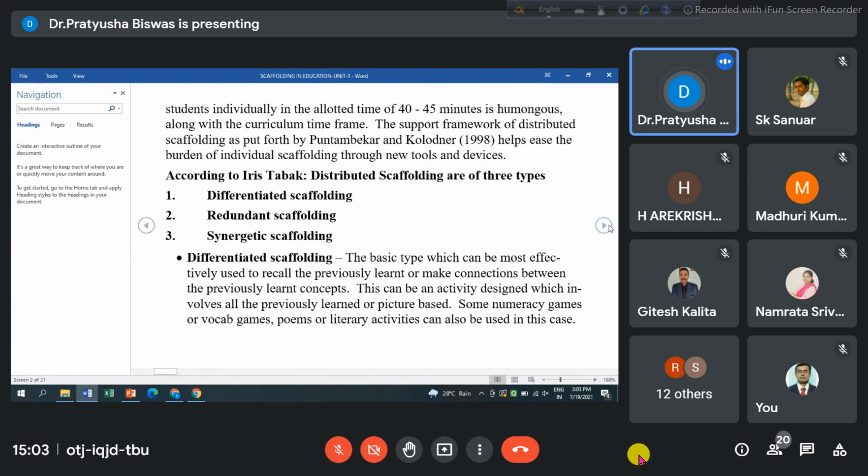This scaffold technique will give you an edge over the other usual techniques that you incorporate while teaching in the classroom, primarily because scaffolding would be done for a certain individual target audience. It cannot be done for the entire group of children.